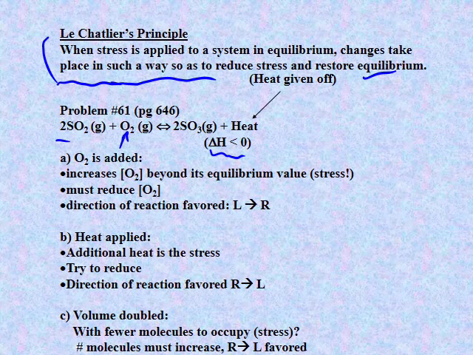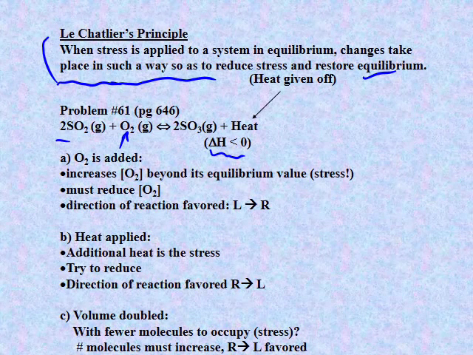Remember, it doesn't like any change beyond its equilibrium value. So it maintained its equilibrium concentration of oxygen. Now you're adding extra oxygen, and it doesn't like it because it's pretty much like a headache. When you're healthy, you're happy, and all of a sudden you get a headache, so you try to get rid of that.